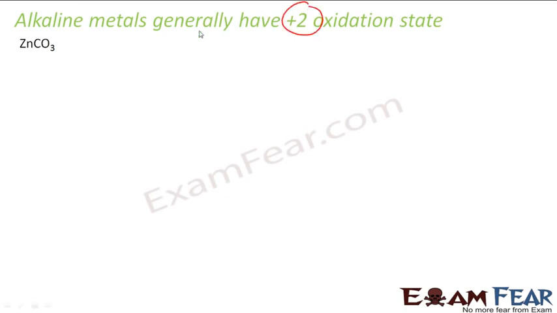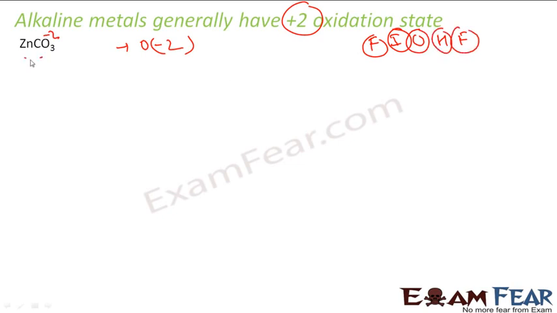Let's take this scenario where we have to assume the alkaline earth metals are +2. ZnCO3, same rules I will apply. Free element I can't apply, it's not a free element. Ion I can't apply, it's not an ion. Oxygen I can apply, oxygen is -2. Hydrogen I can't apply, there is no hydrogen. Fluorine I can't apply.